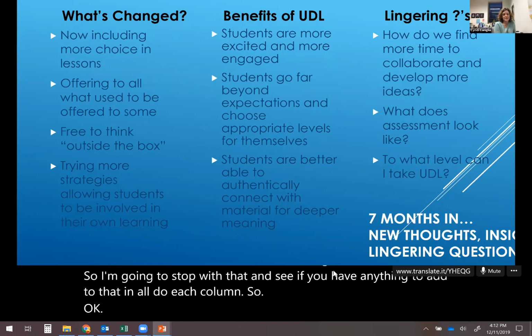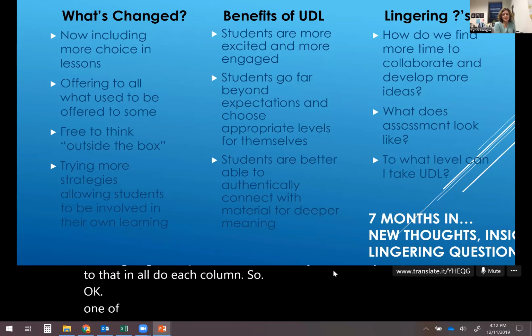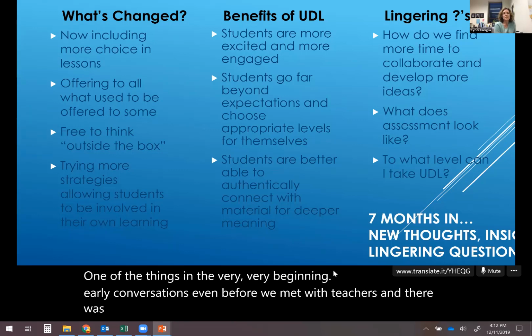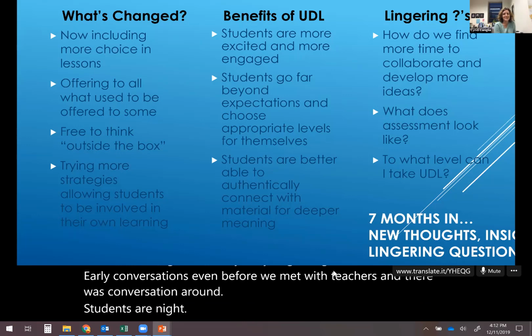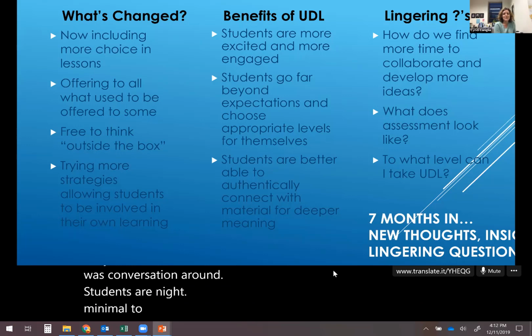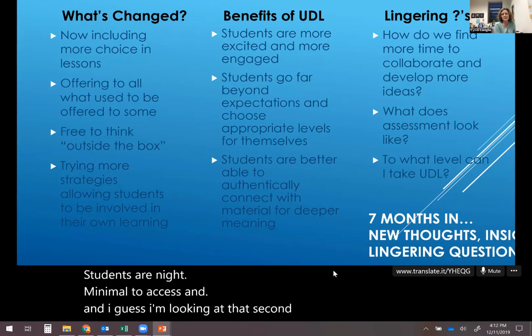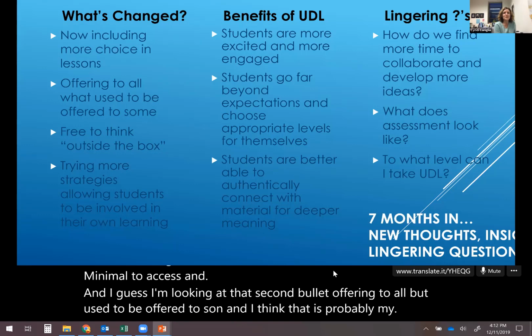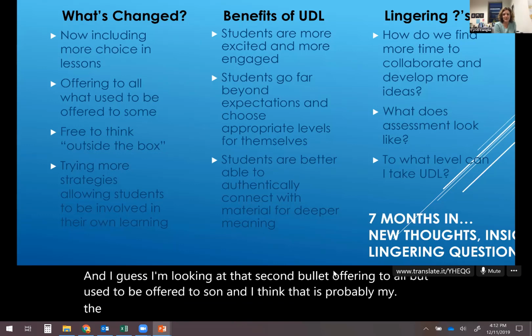In the very beginning, in early conversations, even before we met with teachers, there was conversation around students on IEPs being able to access instruction. I'm looking at that second bullet, offering to all what used to be offered to some. That is probably the largest reason for my passion behind UDL.